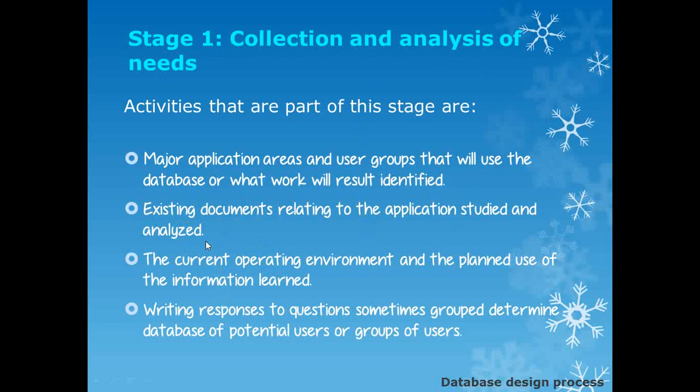So we analyze the documents the user gives to us. 3. The current operating environment and the planned use of the information are studied after we get the information. 4. Written responses to questions. Sometimes groups determine the database's potential users or other groups.